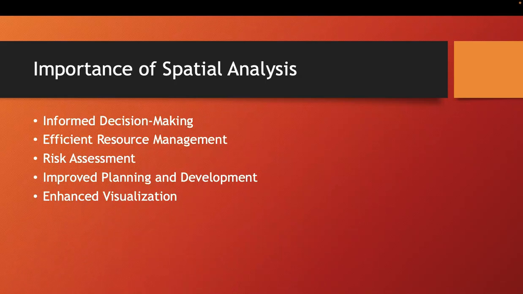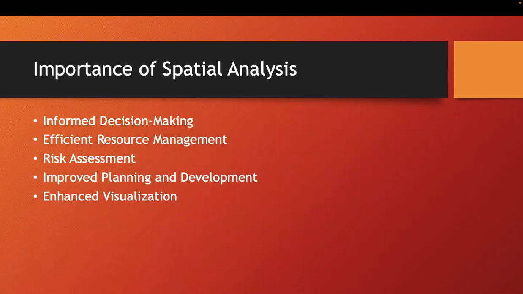Now, the last one is enhanced visualization. Spatial analysis translates complex data into visual maps, making it easier to interpret, communicate findings, and engage stakeholders in various fields like agriculture, logistics, and urban planning.